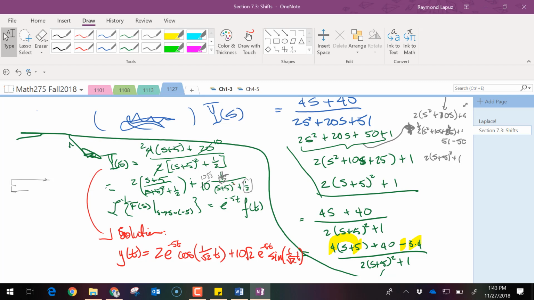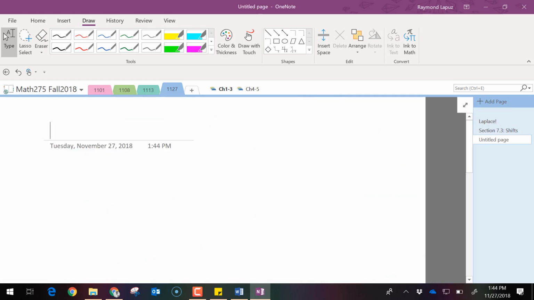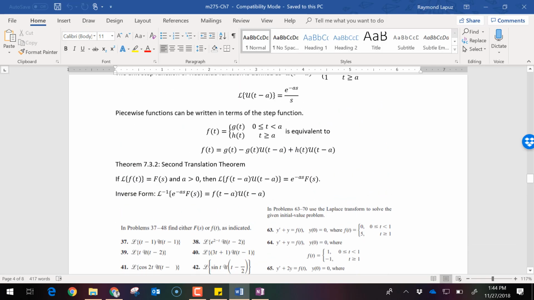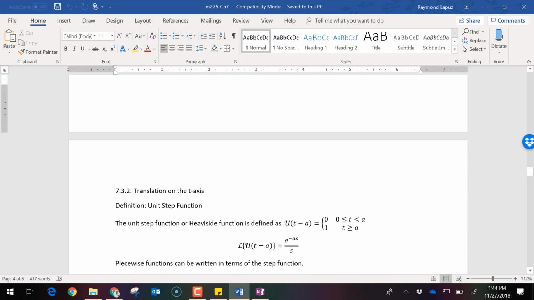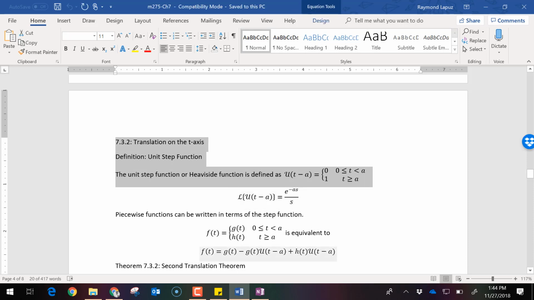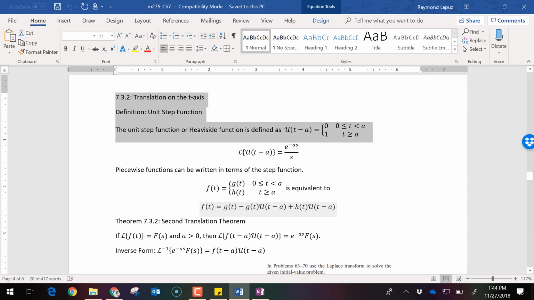If you put that into the original Laplace transform formula with the integral, you'll see that the e's will just multiply each other. Translation in the t-axis. Actually, before we go into the translation in the t-axis, let's define another function here. Why don't I just copy everything over?